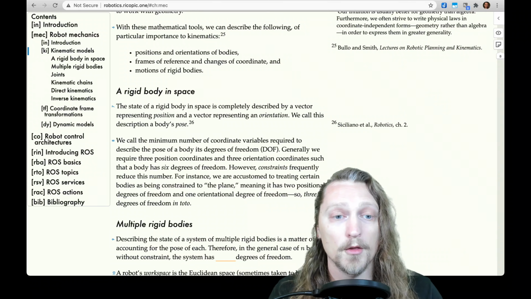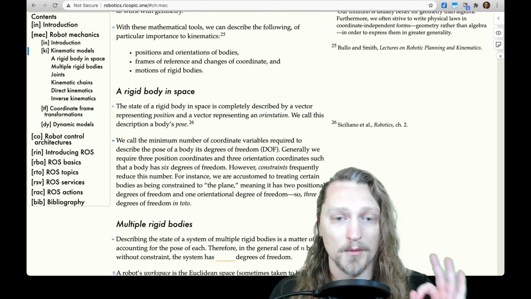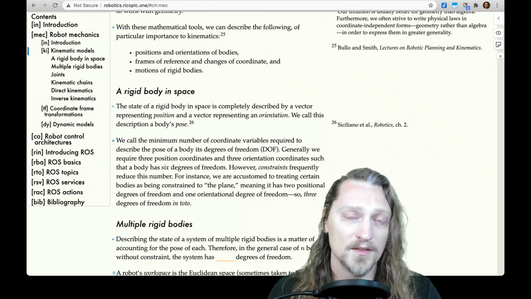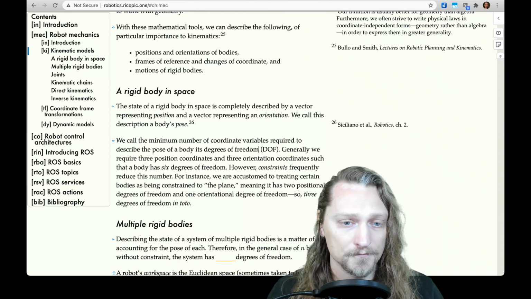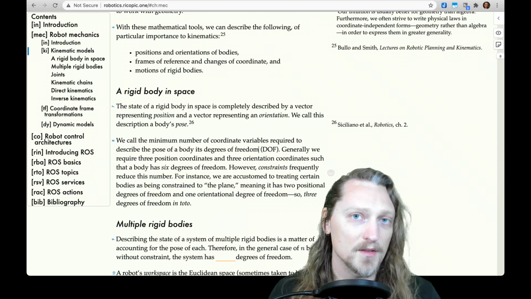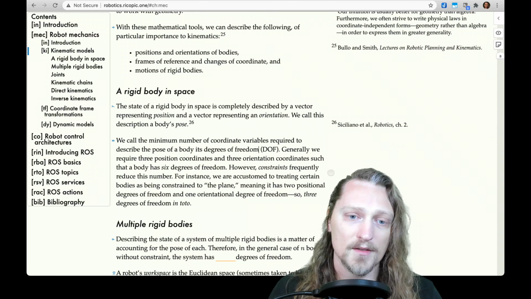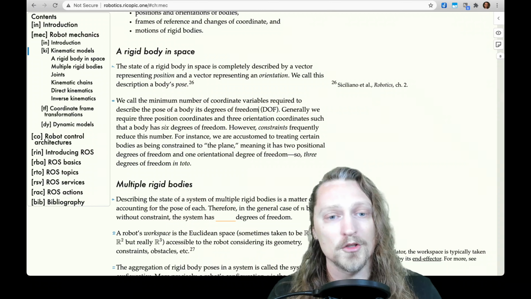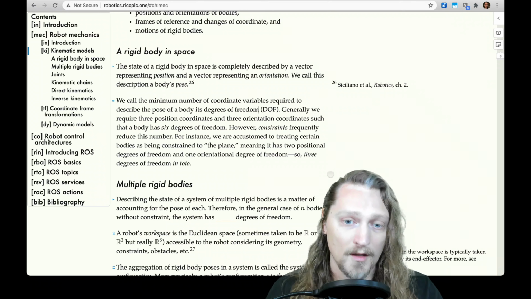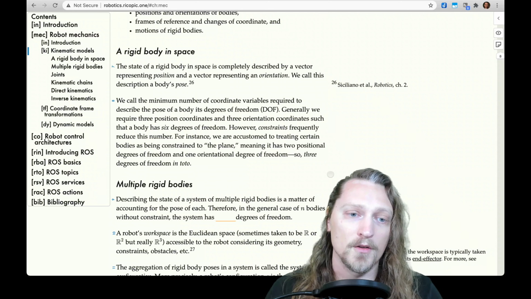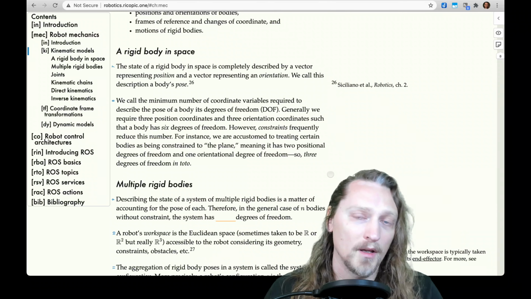Generally, we require 3 position coordinates and 3 orientation coordinates, such that a body has 6 degrees of freedom. However, constraints frequently reduce this number. For instance, we are accustomed to treating certain bodies as being constrained to the plane, meaning it has 2 positional degrees of freedom and 1 orientational degree of freedom. So 3 degrees of freedom in toto.